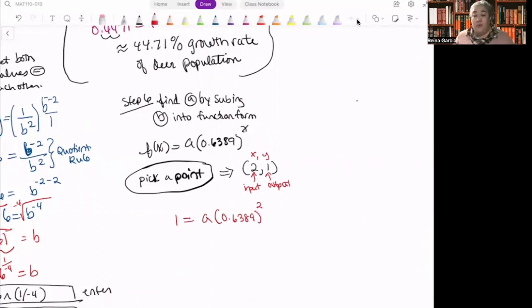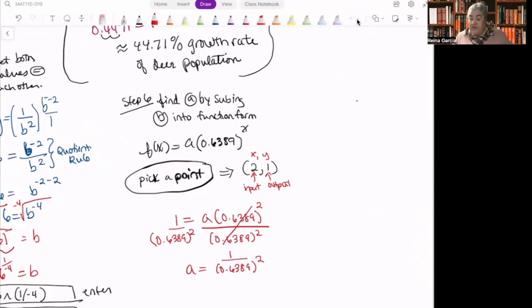Now I can solve for a. I have to divide both sides by 0.6389 squared. That cancels, and a is equal to 1 over 0.6389 squared.